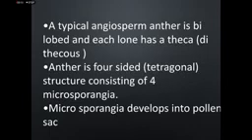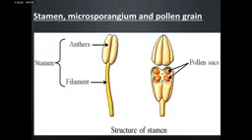So the anther is a four-sided, tetragonal structure consisting of four microsporangia. Microsporangia later develop into pollen sacs. In this second picture, four pollen sacs can be observed.